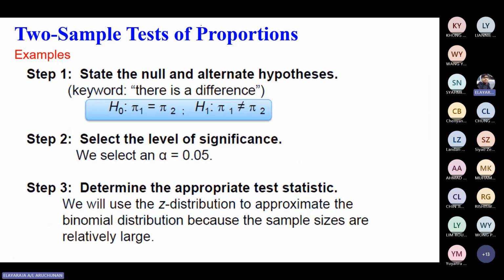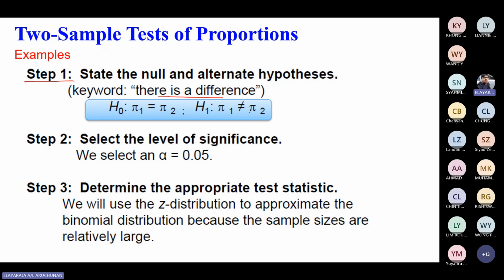Now, first, you need to follow step 1 as usual, set the null hypothesis and the alternative hypothesis. These are keywords: just now we read "is a difference," that means not equal. So we set the younger women and the older women: pi 1 is equal to pi 2, this is what I assume.